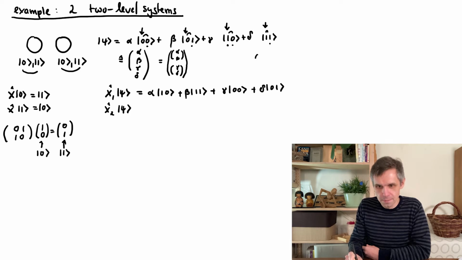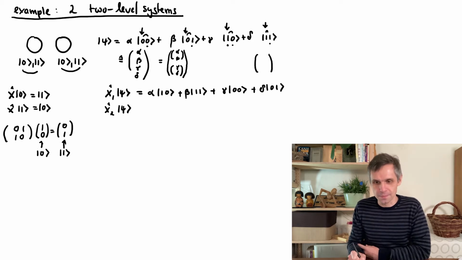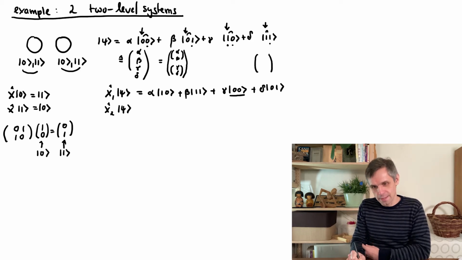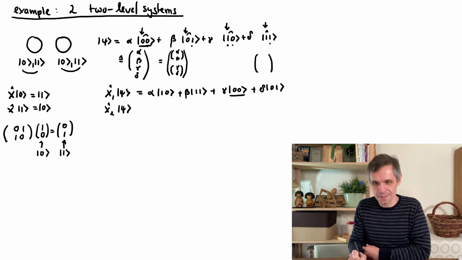And what we end up with is a new state. And now we can again represent this as a vector. But now we have to take again the same ordering of the numbers. So we have to look at the entry in front of this very first placeholder number 0, 0 here, and this is a gamma.